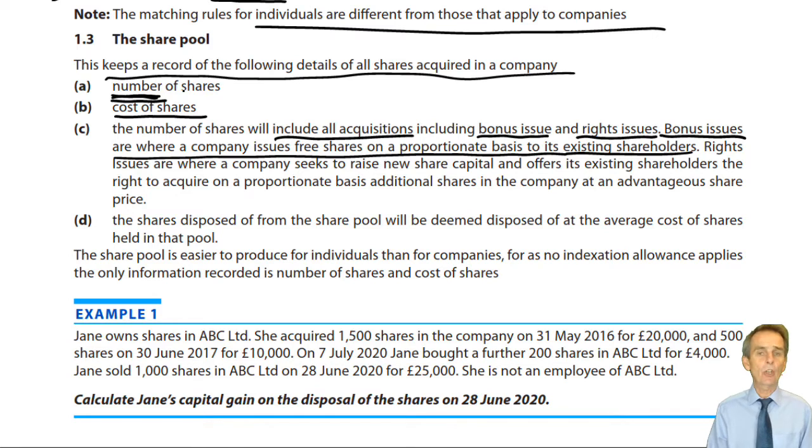It's a bonus issue, so there's no cost. So all you do at that date of the bonus issue is to add in the new shares acquired, however many of them there may be, but with no addition to the cost of shares, because the taxpayer is not buying them, they are being issued free of charge.